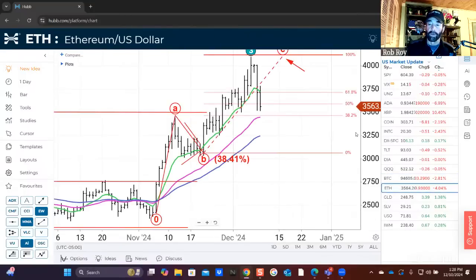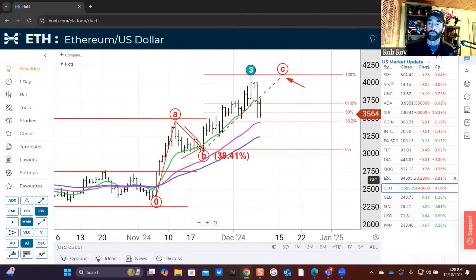Looking at Ethereum, it's pulling back down towards the 3,500 level, which is right where the A wave impulse ended. That's an area where it needs to hold. It also happened to be just by coincidence coinciding with the 30-day moving average, but it's more where this A wave impulse ended that it needs to hold.